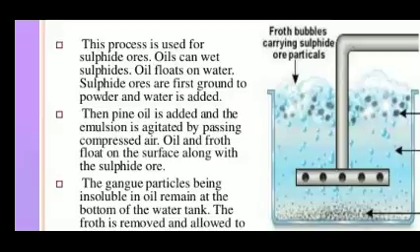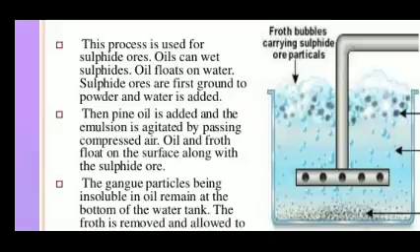In this method, the sulfide ores are first ground to powder and water is added in a container. The fine oil is added and the emulsion is agitated by passing compressed air.